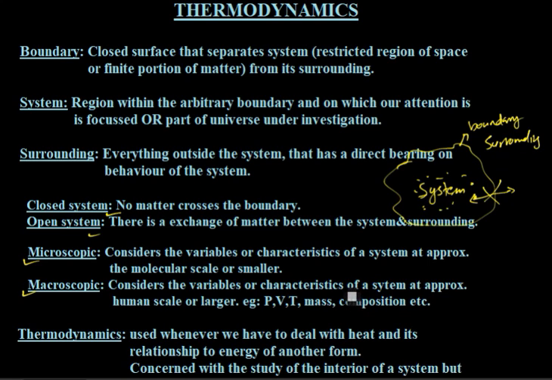But if you consider the motion of an electron within an atom, or the energy of individual atoms or electrons or nucleons, atoms in a molecule, electrons in an atom or nucleons in a nucleus, these are properties or variables at the microscopic level.